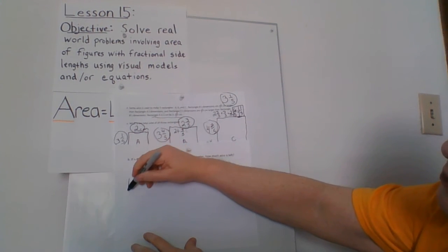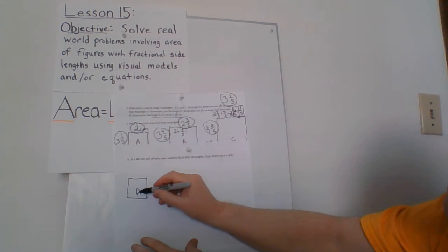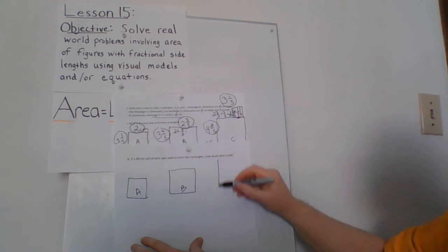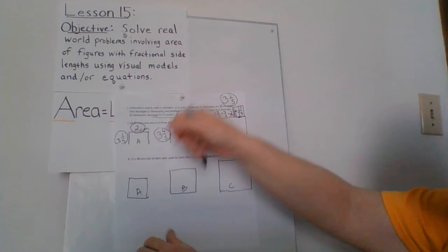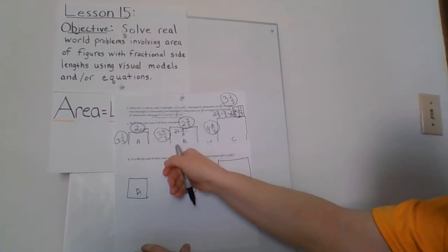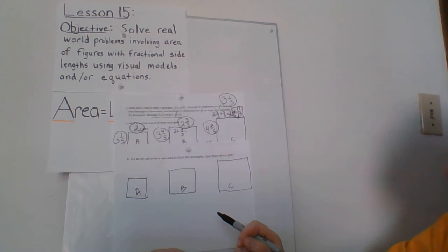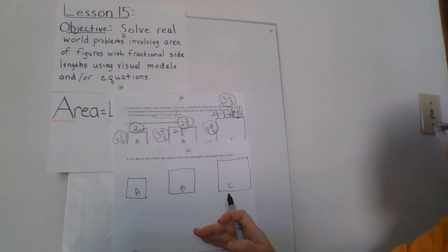So here are my three rectangle boxes, A, B, and C. So they took this coil of wire and they wrapped it all the way around to form these three rectangles. They wrapped it all around. They want to know how much wire is left from this 40 centimeter coil.